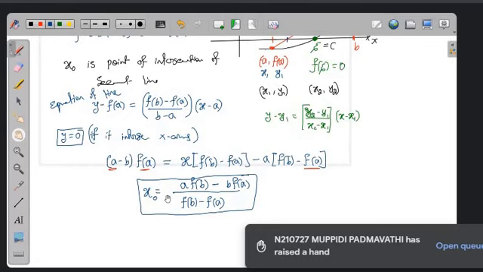It means this sequence, whatever we are getting here, initially you get x0, the next approximation x1, the next approximation x2, and so on. We get a sequence, and we want the sequence to converge to a root.